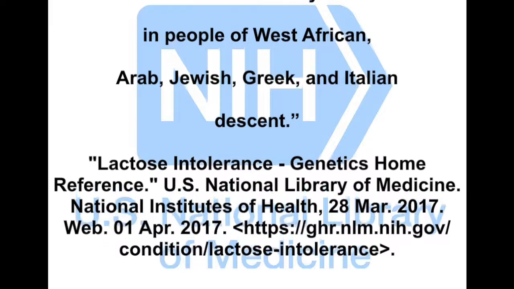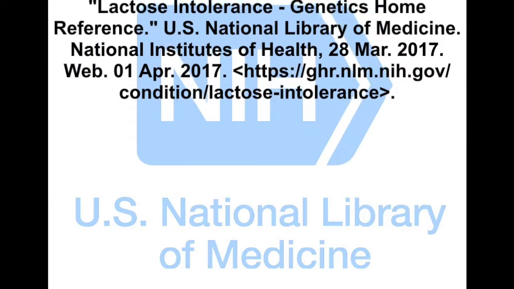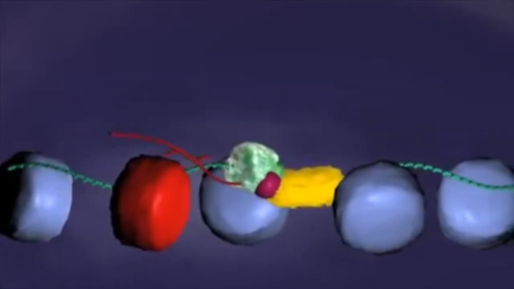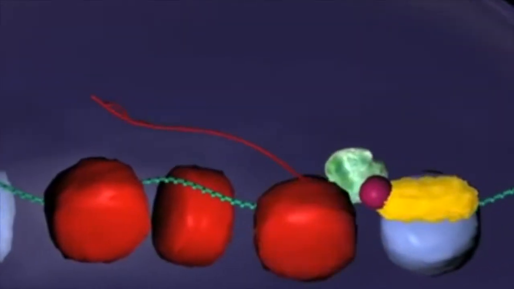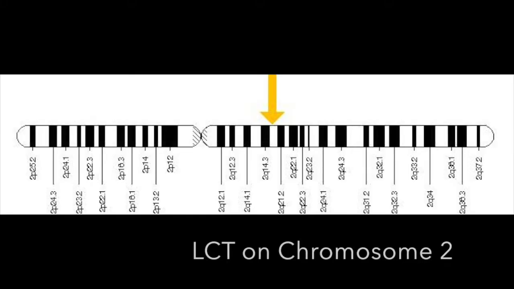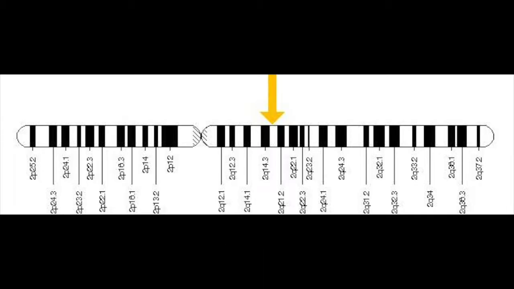Lactose intolerance is also very common in people of West African, Arab, Jewish, Greek, and Italian descent. It was "normal" for humans to lose lactose tolerance or expression of the lactase gene. When we no longer needed our mother's milk to survive, the gene became deactivated.